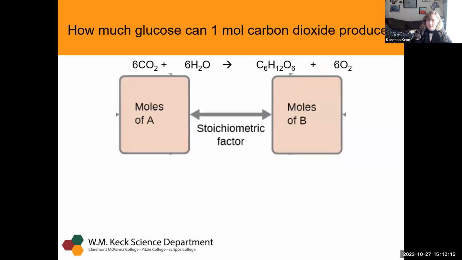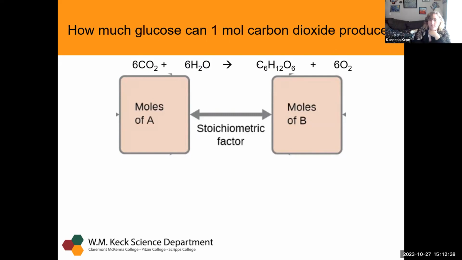So if we start in the center of this and we talk about stoichiometric factors like we have been, I would like to know how much glucose can 1 mole of carbon dioxide produce? So if I look at this equation, I'm asking if I put in 1 mole of carbon dioxide, how much glucose can I get out?